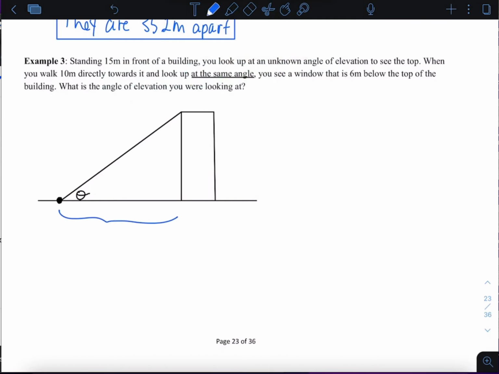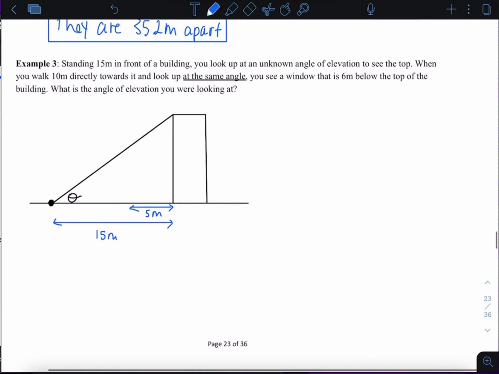We know that this is 15 meters, right? And then I'm going to walk 10 meters closer. So let's make this 5 meters.